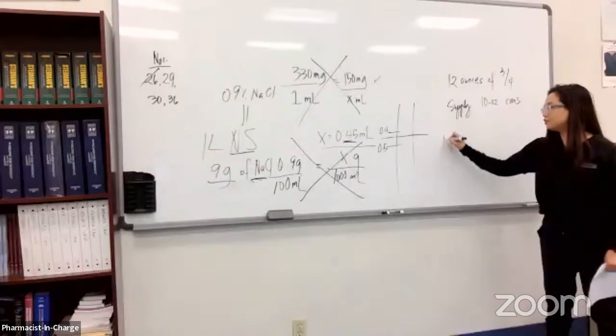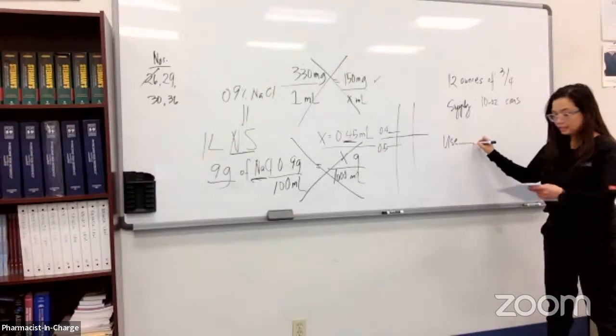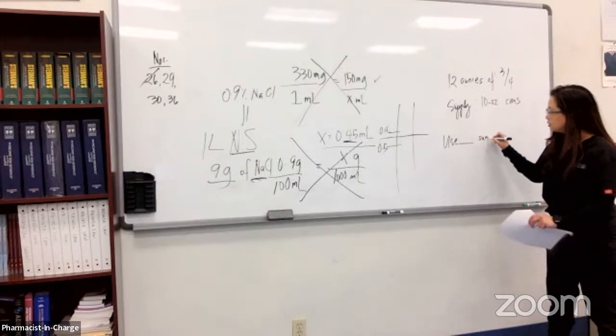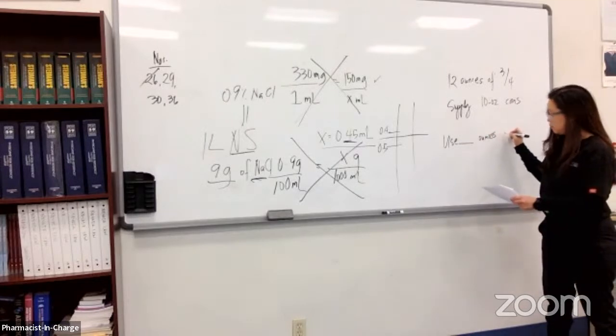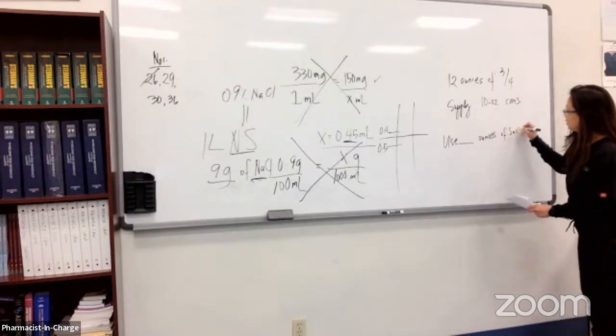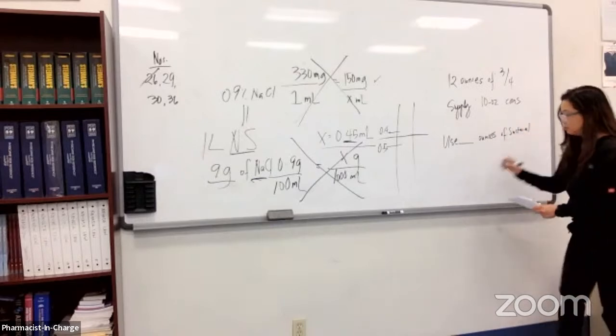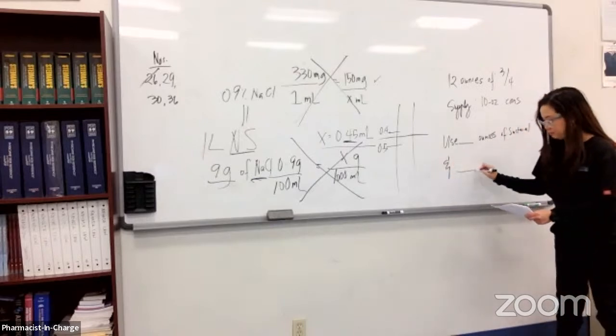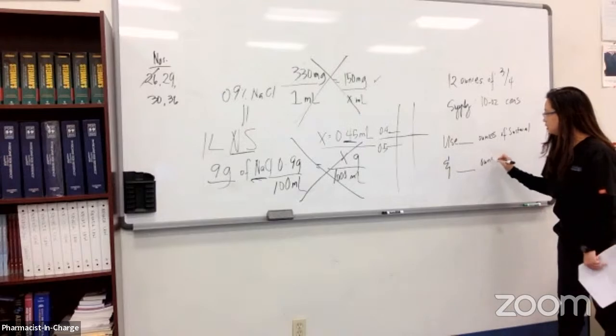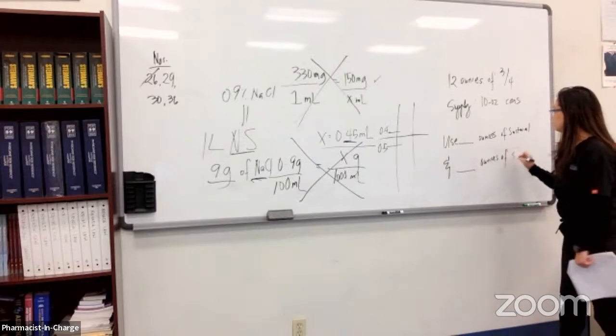How many do you have to use? Use blank ounces of Sustacal and blank ounces of sterile water.